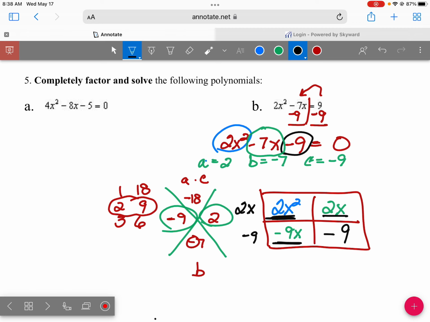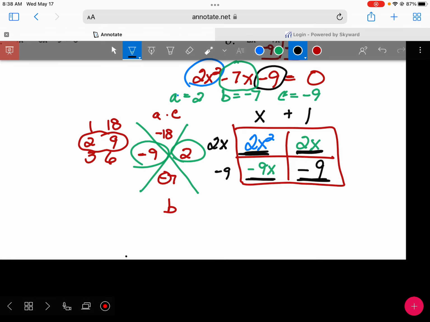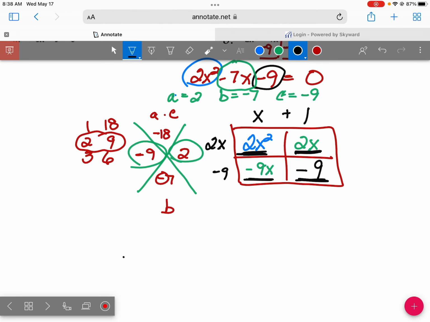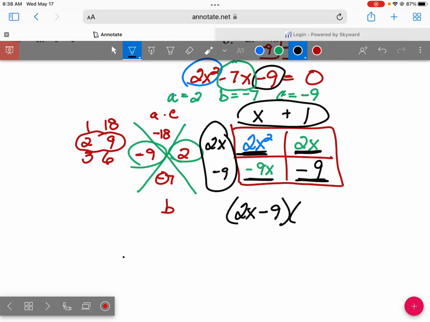And x squared and x, I can factor out an x. 2x and negative 9, this last column, the only thing they have is a 1. And you're like, is this problem done yet? Not yet. But here are my factors. 2x minus 9 times x plus 1. Am I done?